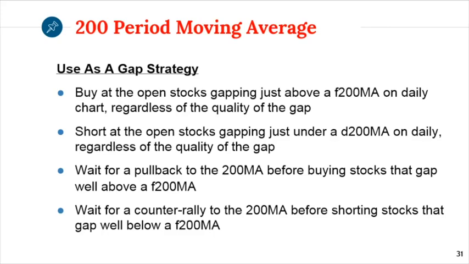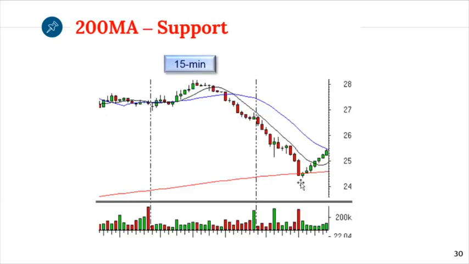So if enough people buy right off the 200, even if there's no support to the left, the stock is going to bounce off of it. So the 200 period moving average becomes support, even though it's just a line on the chart that people react to. So keep that in mind.